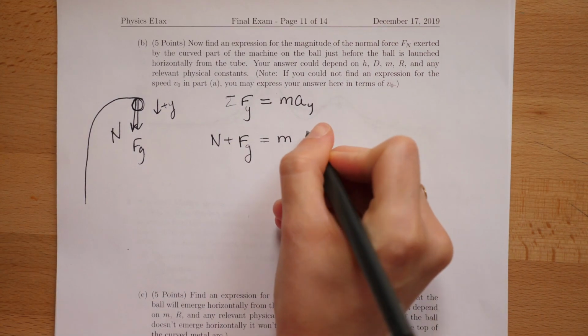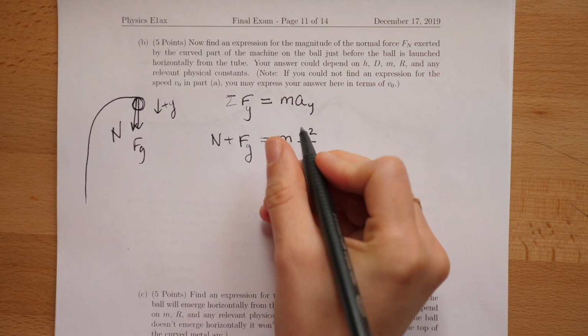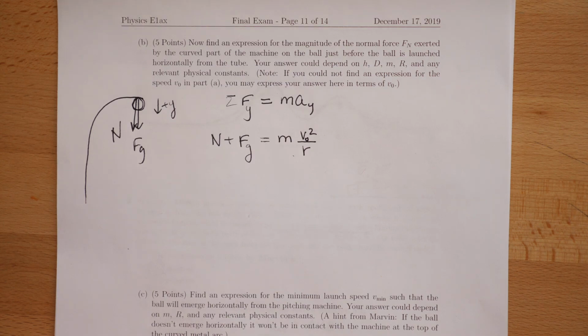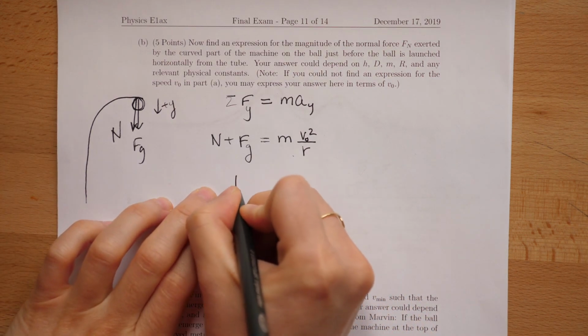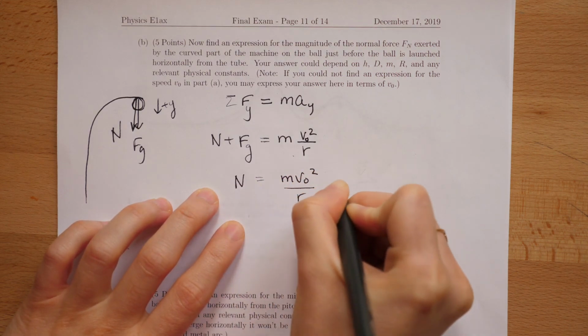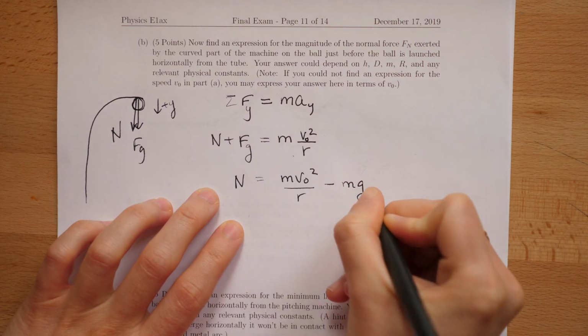So our a_y is v squared over r, and our velocity at that point we found was v naught. And we're after the normal force N. So N is m v naught squared over r minus the force of gravity, which is the mass times g.